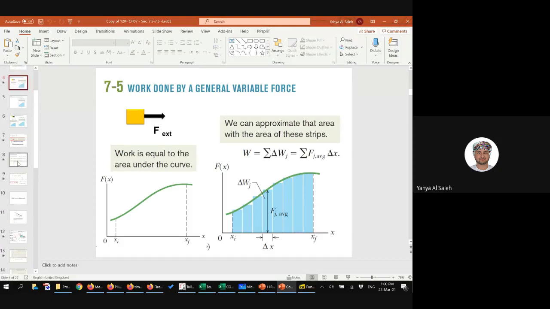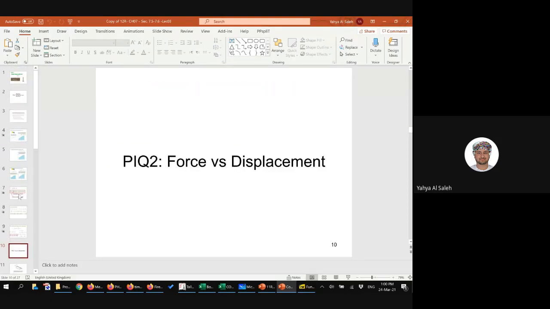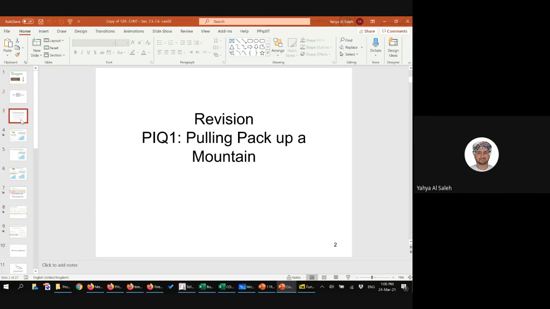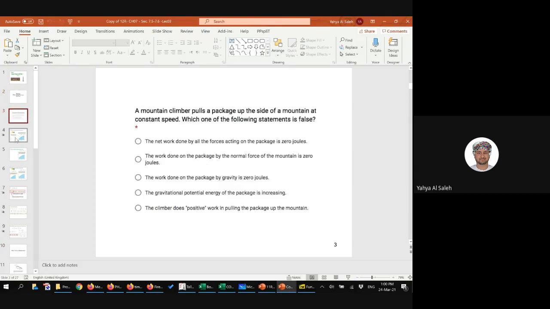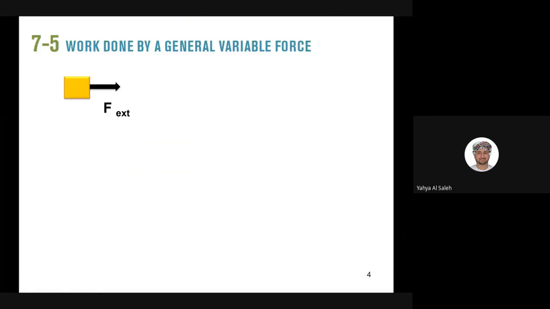Okay, so we'll take a quick look. What we have done now with the spring is look at what work is done by the variable spring force itself. But what we did is not special only for the spring.